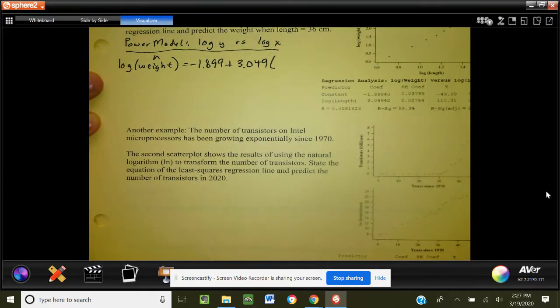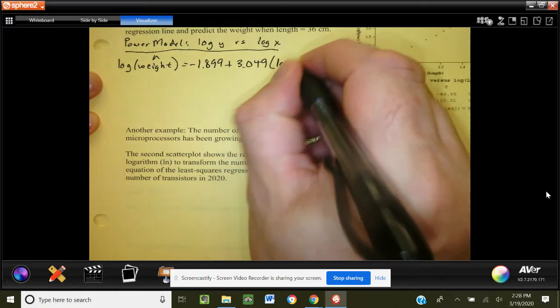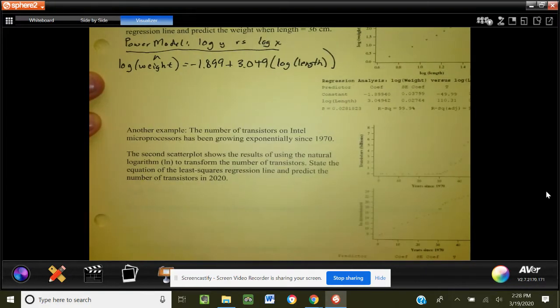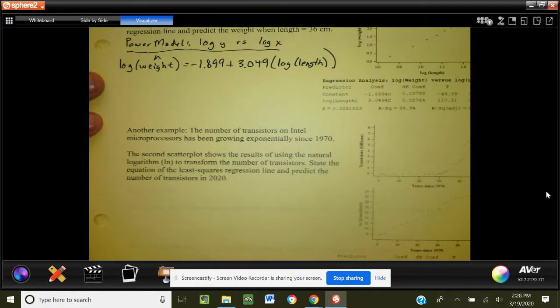And our x, in this case, is the log of the length of those fishies. Okay. All right, so to make predictions, it's very simply just plugging the x value that we have into the equation and solving for the predicted weight.